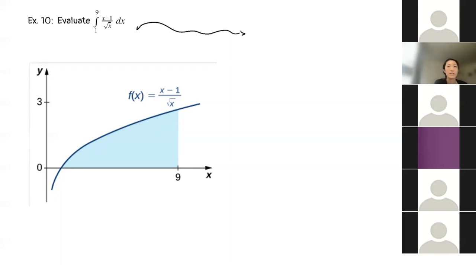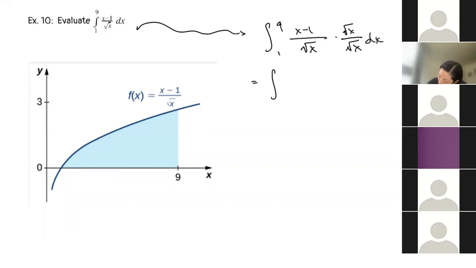Conjugates, okay. Now I notice the conjugates are typically with the square root. In this case, it's just square root of x. So the conjugate of that is just square root of x. So what would that look like? If I did conjugates, it'd be x minus 1 over square root of x, times square root of x over square root of x.